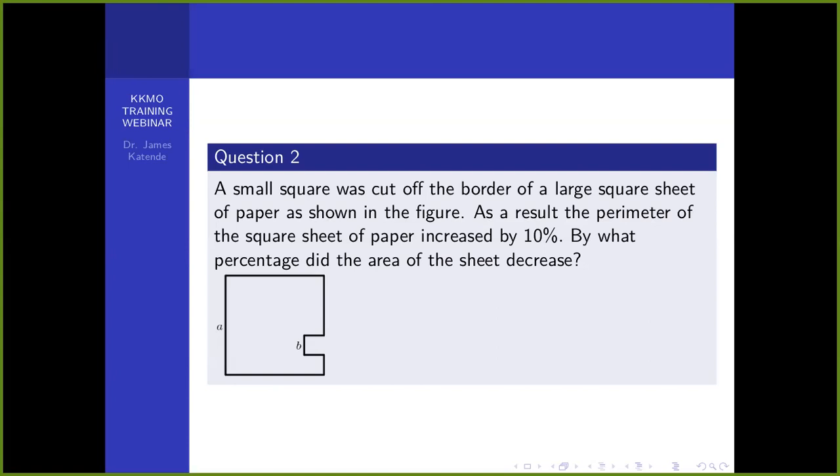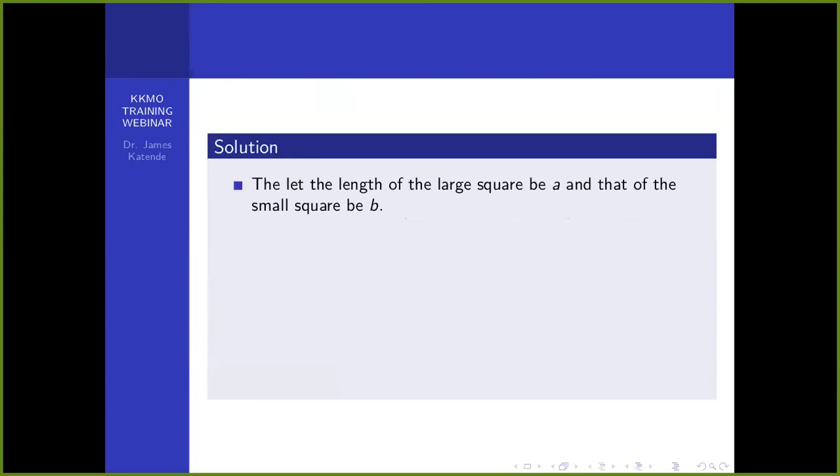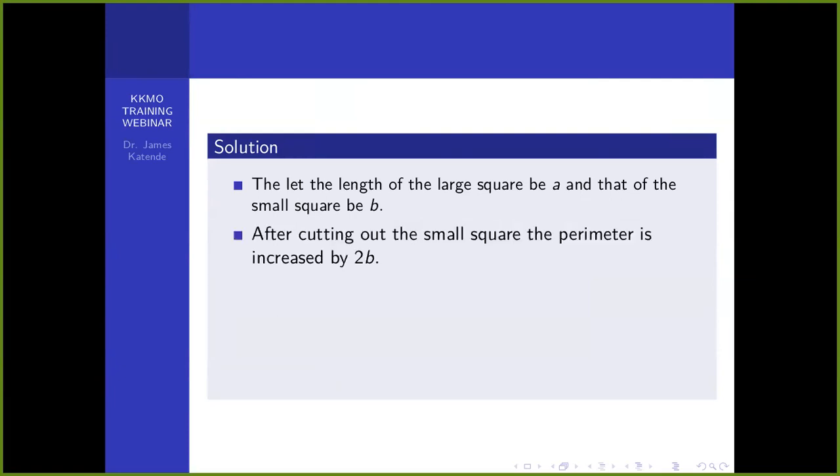Okay, that's correct. So basically it's the same thing we did. Today it looks like the questions are too easy. So we use the labels that we have. We have the larger square, the side is of length A, and the smaller square, the side is of length B. And of course, the perimeter increases by 2B.